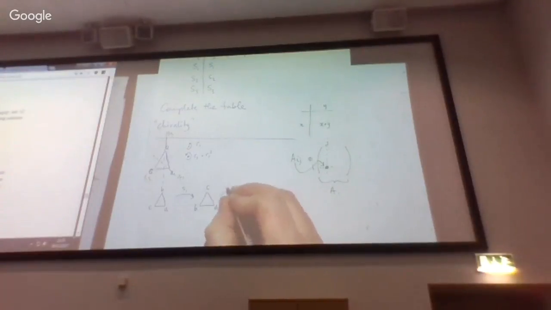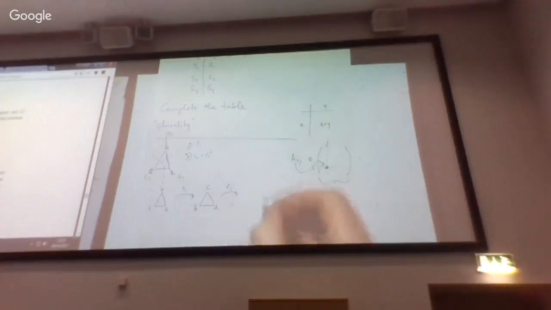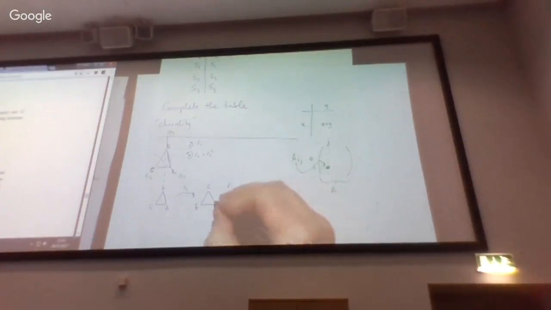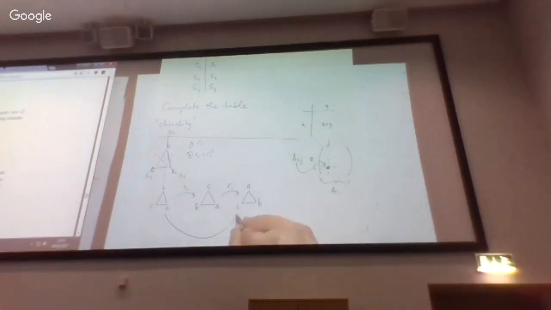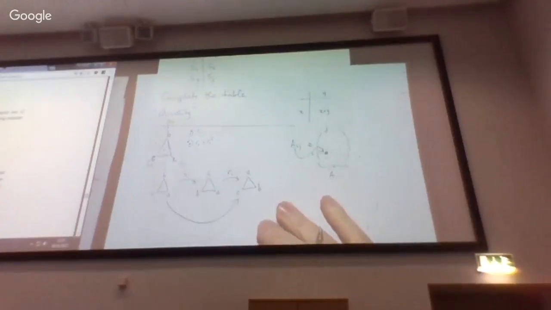And we then perform R1, so we rotate it by 1/3 of a turn anti-clockwise. Of course, it's still the same triangle, but that moves these three vertices around somewhat. So A goes up there, C goes there, B goes there. Okay, that's the composition of the two symmetries.